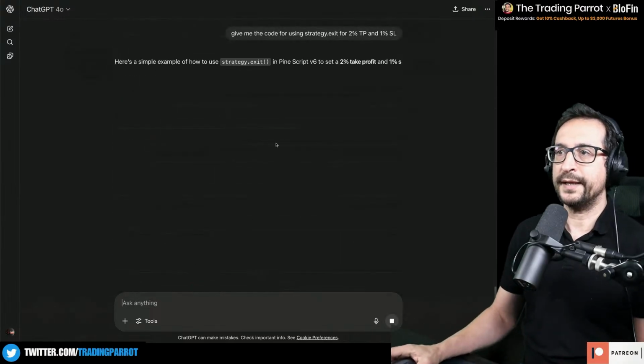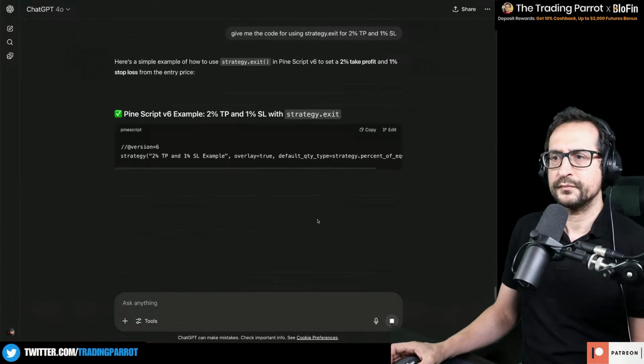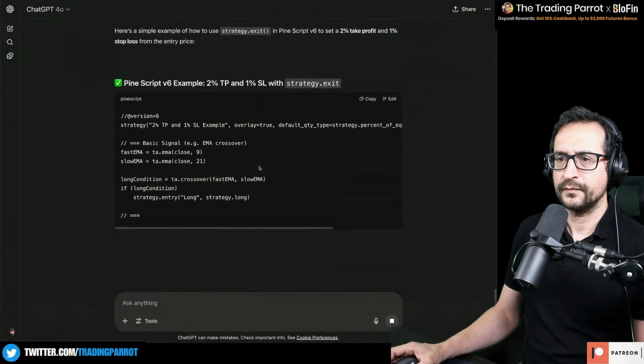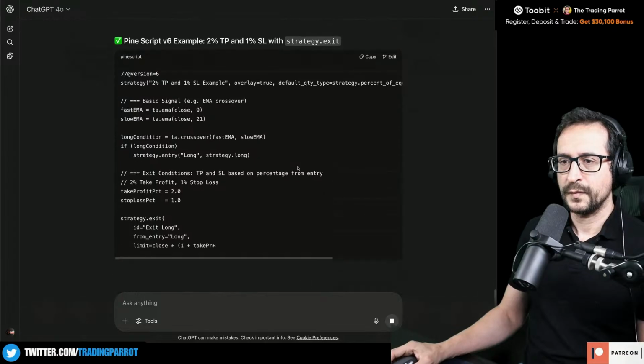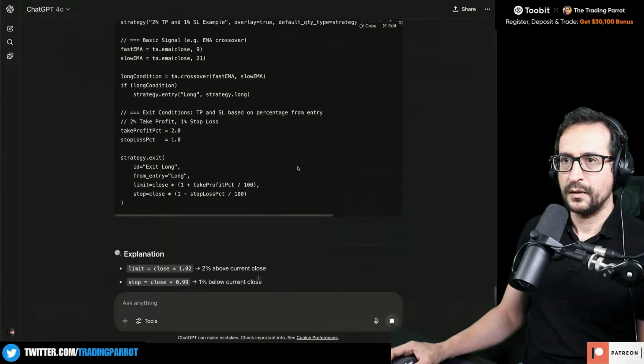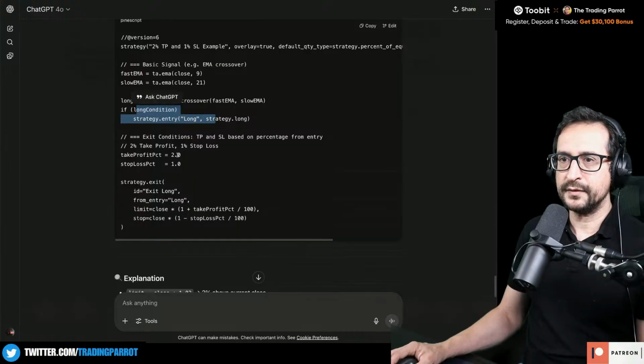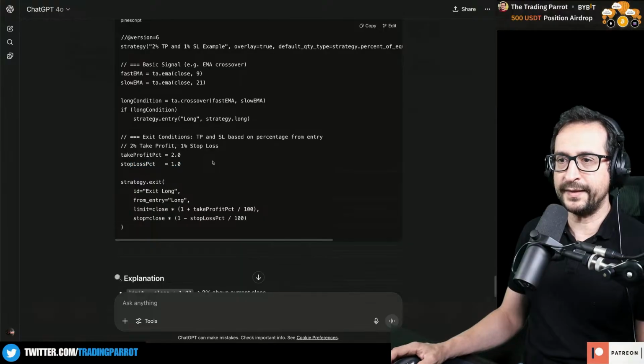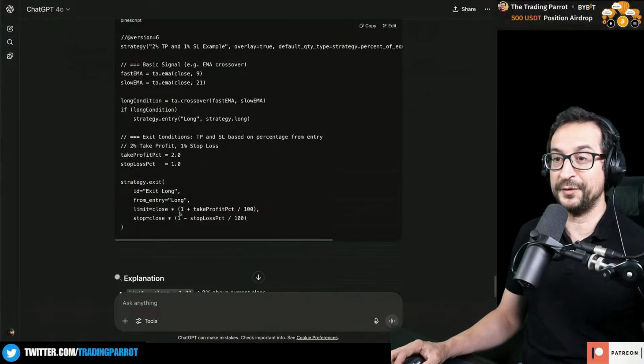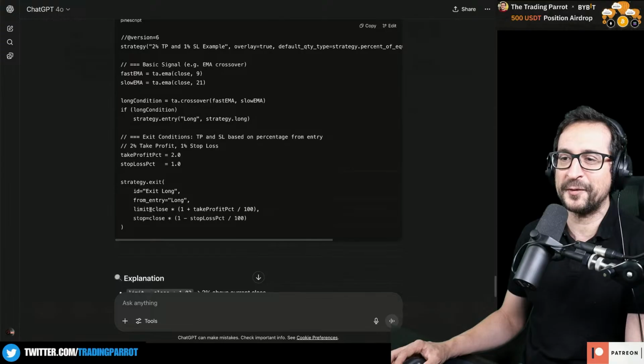And let's see if we can get that. So we enter on the long like this, and then we have a take profit, a stop loss of 1 and 2, and the exit. Cool. I don't need to do the math because I didn't remember this formula.